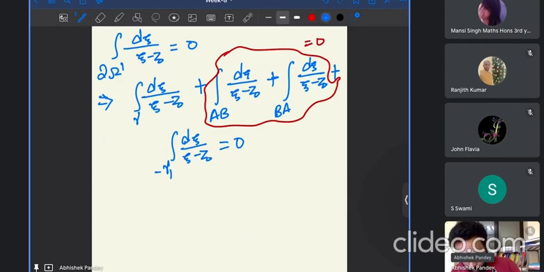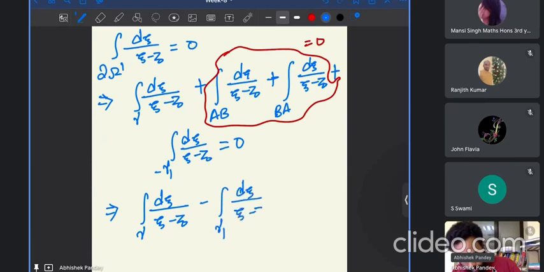So this implies that the integral over gamma d xi upon xi minus z naught minus the integral over gamma 1 d xi upon xi minus z naught is equal to 0.